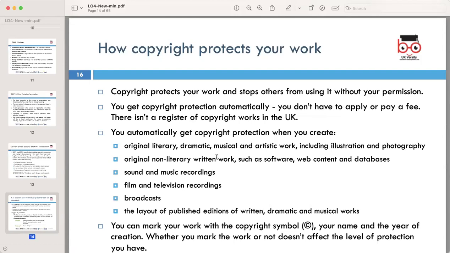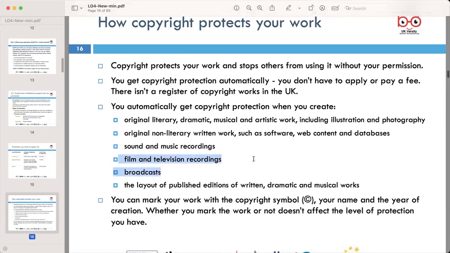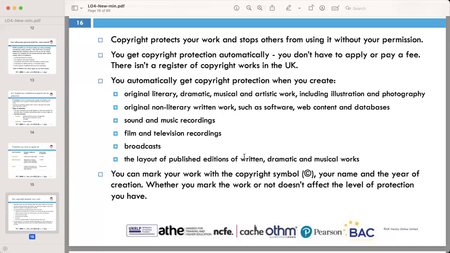original literary, dramatic, musical, and artistic work, including illustration and photography; original non-literary written work like software, web content, databases, sounds, and music recordings; then film and television recordings, broadcasts, and the layout of published editions of written, dramatic and musical work.